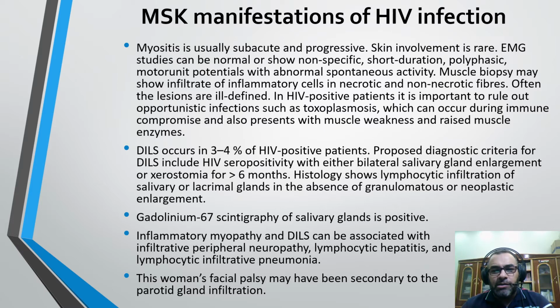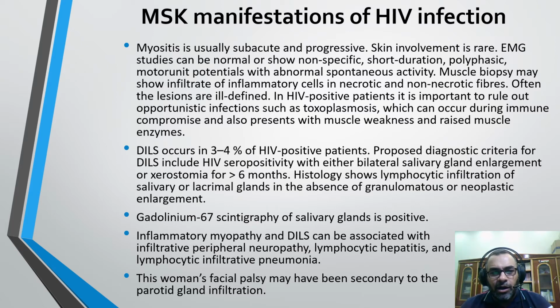In HIV-positive patients, it is important to rule out opportunistic infections such as toxoplasmosis, which can occur during immune compromise and also present with muscle weakness and raised muscle enzymes. So, the muscle weakness here may be due to HIV infection itself or opportunistic infection secondary to the HIV.